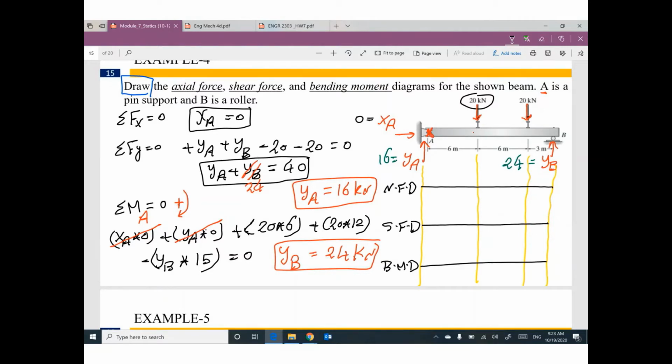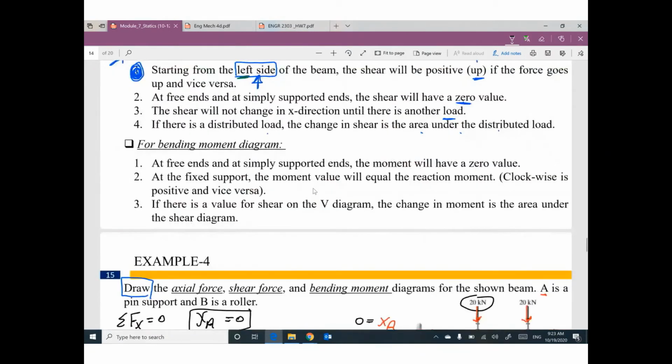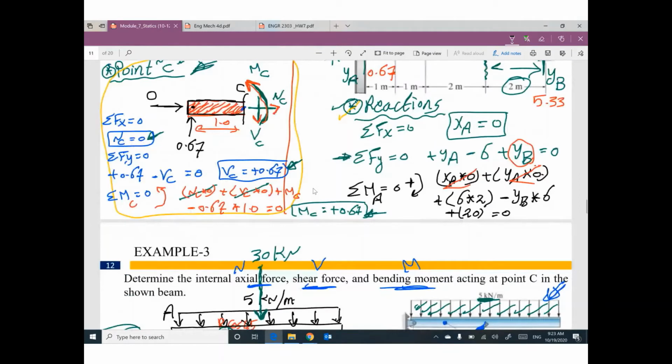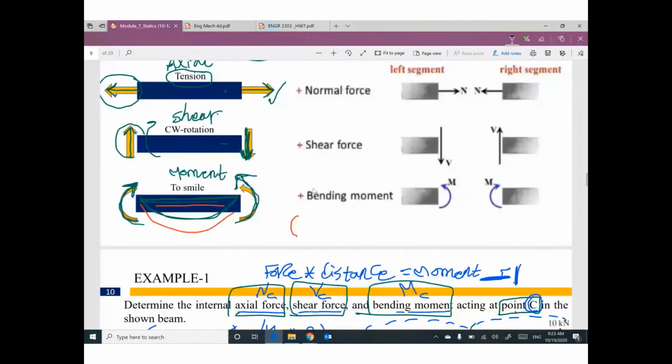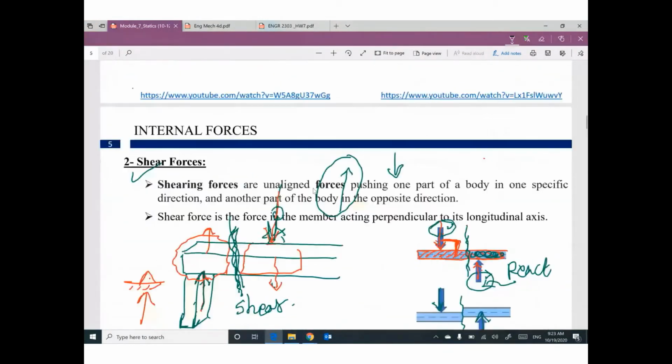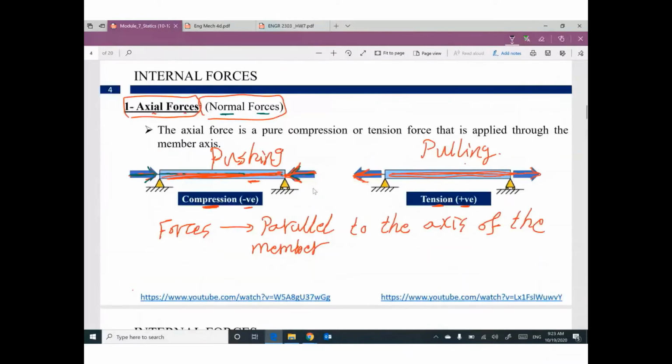Just a reminder, and one more. Do you remember which force makes axial force or normal force? The horizontal one or the vertical one? Neither.